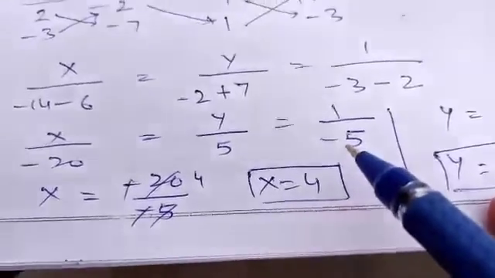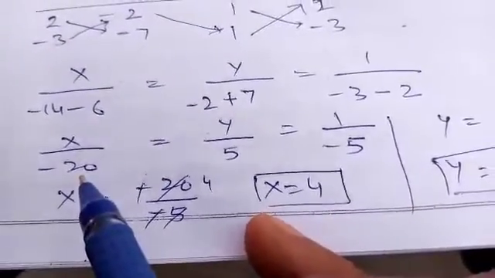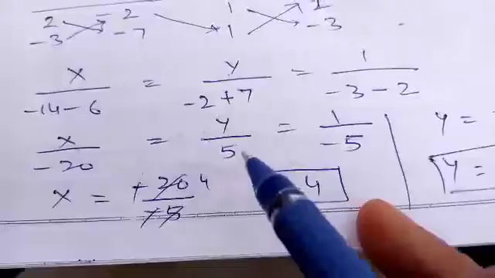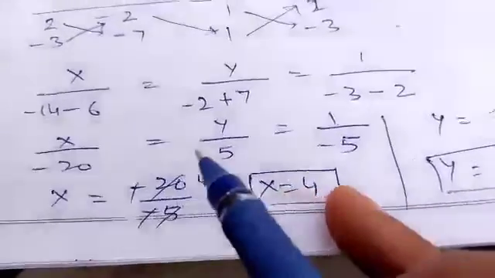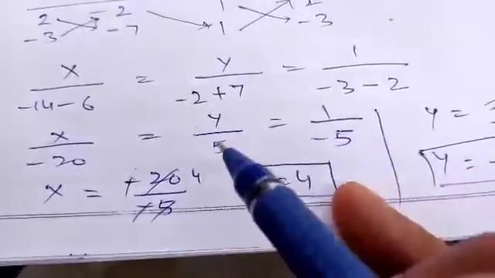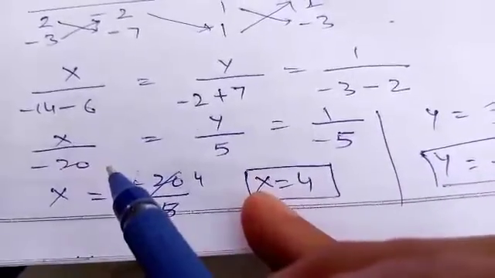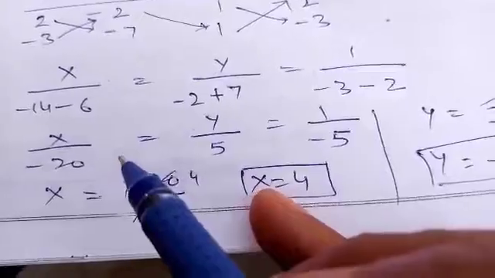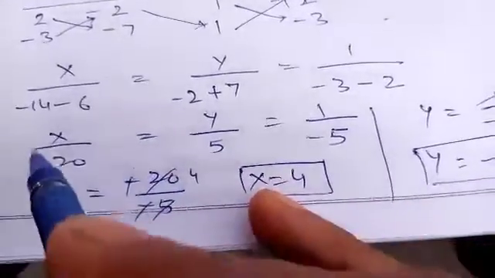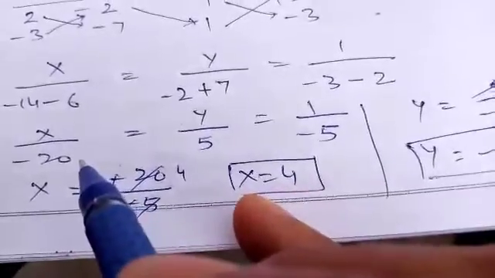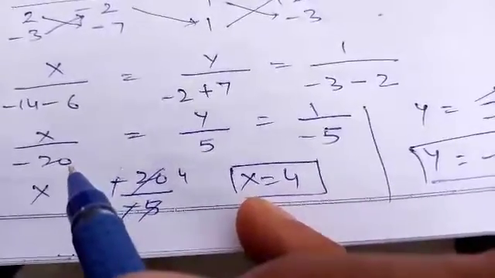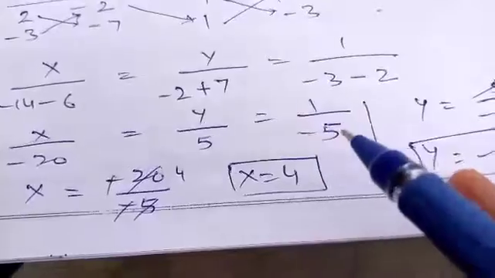So in all the cases, in the denominators minus 20, 5 and minus 5, all the values are multiples of 5. So you can simplify: x upon minus 20 is equal to 1 upon minus 5, and when we cross multiply, x will be equal to minus 20 upon minus 5.